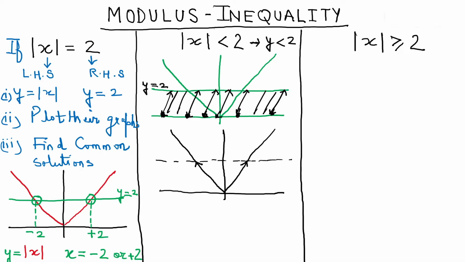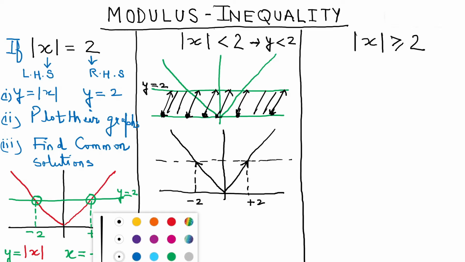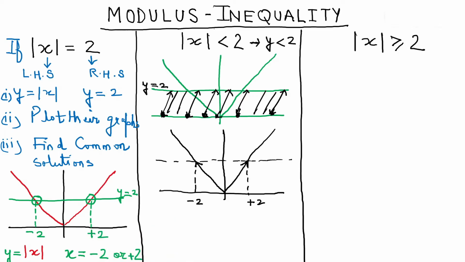I'm talking about the x-axis part. Right? So now let me plot this on the x-axis. This comes out to be minus 2. This is plus 2. And we are talking about all the values of x which are lying below this.